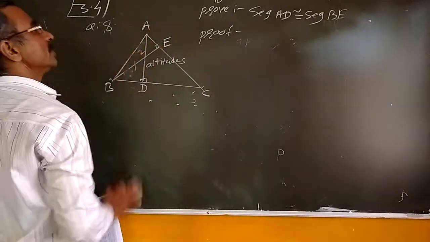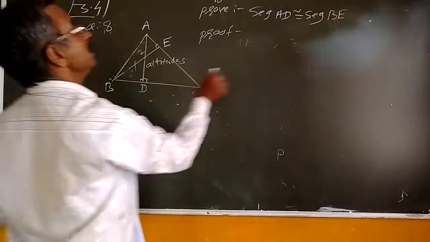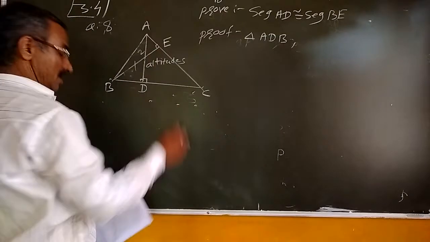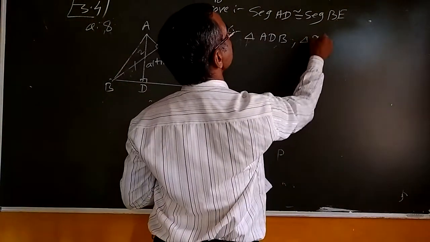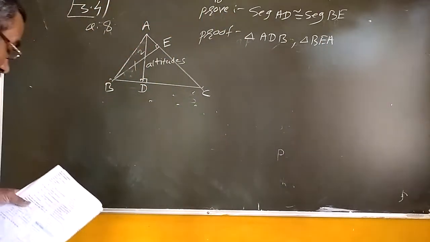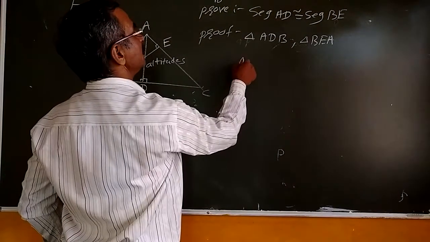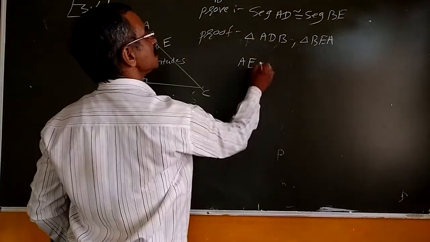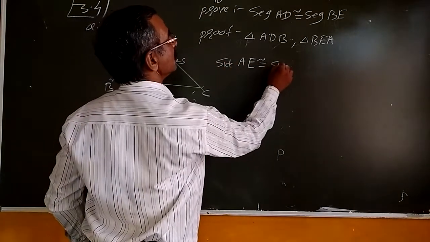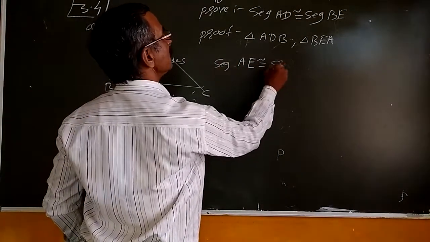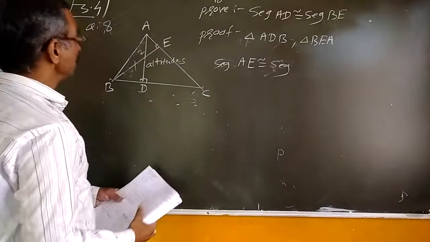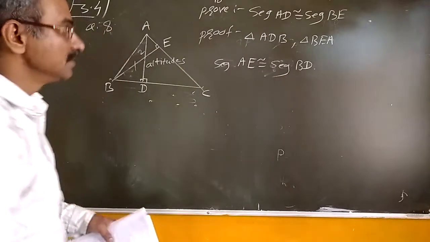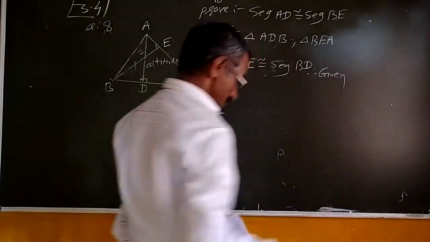In triangle ADB and in triangle BEA, we are taking which are congruent. First, given AE is equal to BD, means segment AE is congruent with segment BD. What is the reason here? That is given.